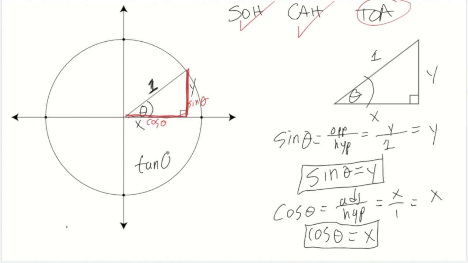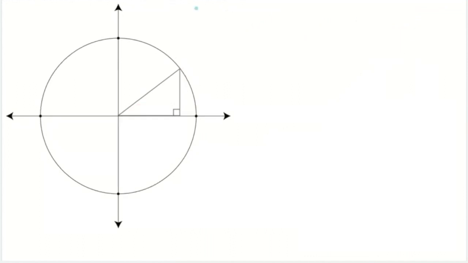So tangent theta is, isn't that opposite over adjacent? So yeah, it's y over x, exactly. And don't we know what y and x equal now? We know y is sine theta, x is cosine theta. So then tangent is sine theta over cosine theta. So these are the 3 most important things to know when we're dealing with the unit circle here, right?